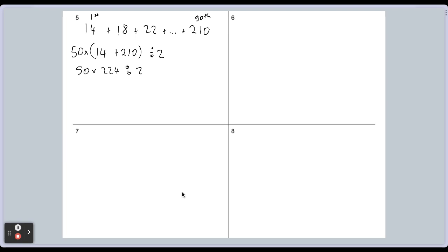Honestly, I can't do that in my head. What'd you get? 5,600 seats. I assume that's right. Is that okay with everybody? So it's an example of where sequences are better than linear modelling.